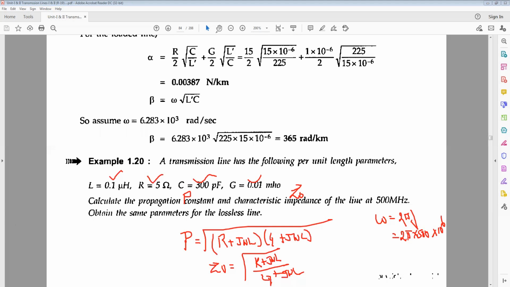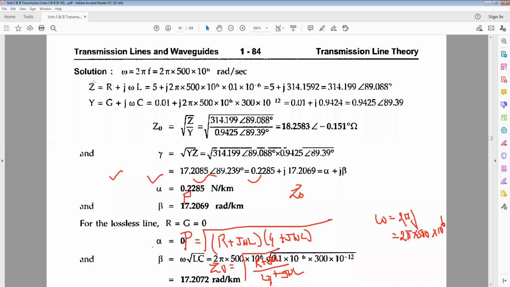You can also find some parameters for a lossless line. Okay, let us see directly. You can use Z is equal to R plus j omega L. P is equal to under root of Z into Y, impedance and admittance. What is the impedance?